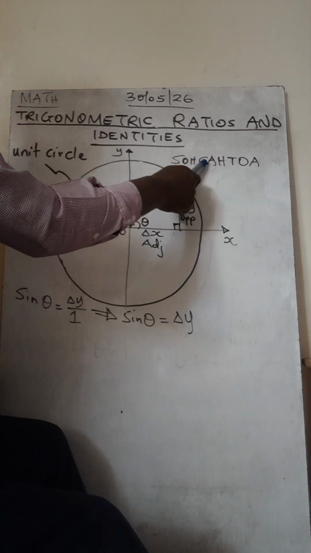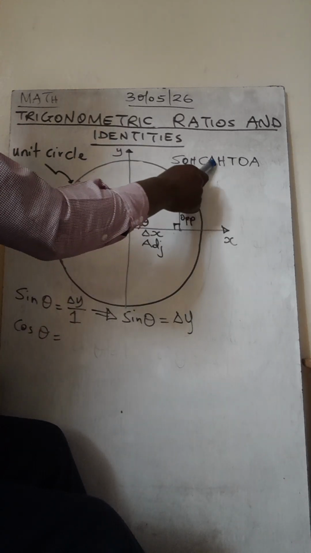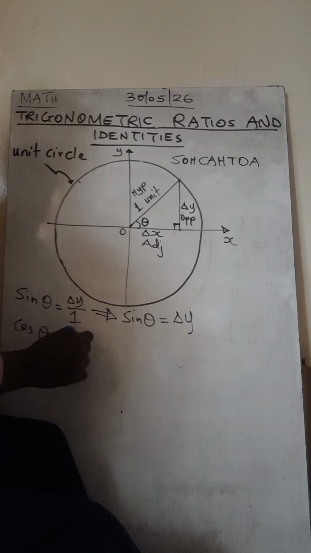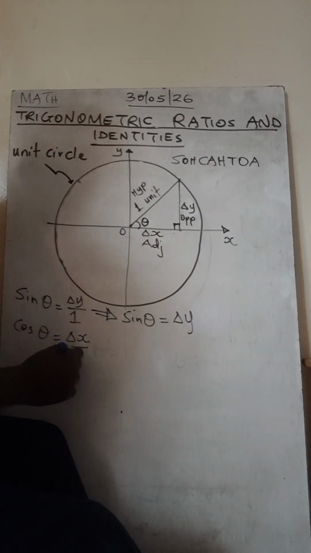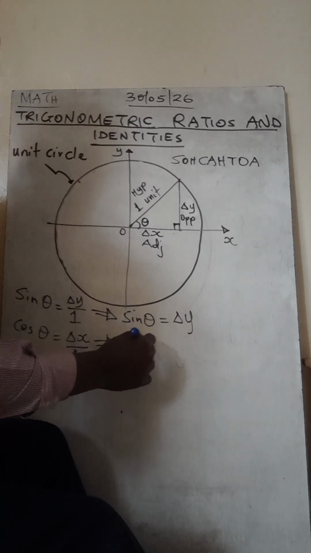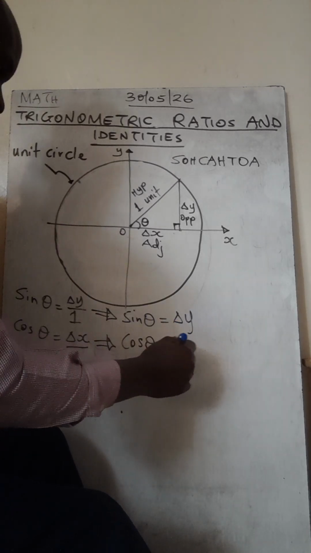And then cosine of this angle is given by adjacent side, which is change in x values, divided by hypotenuse, which is 1 unit. That tells you that cosine of theta is just change in x values.